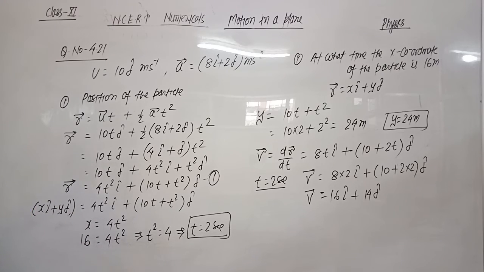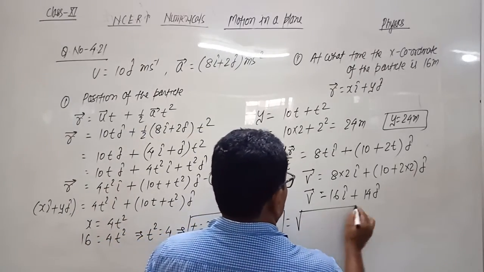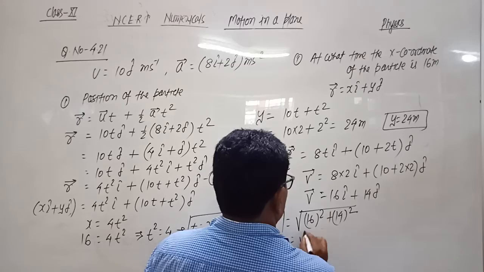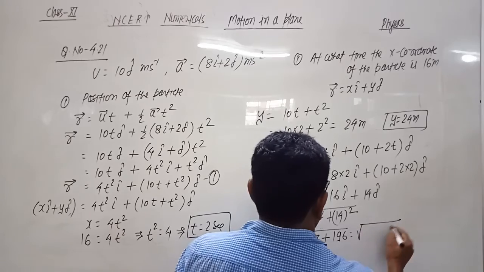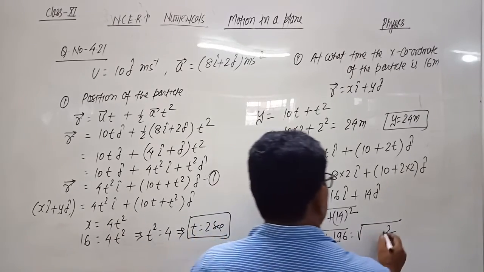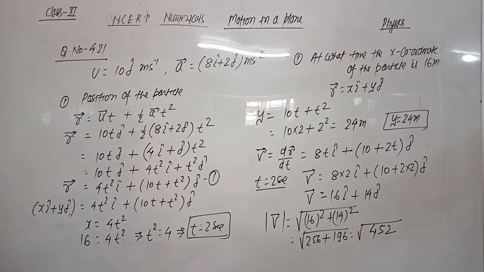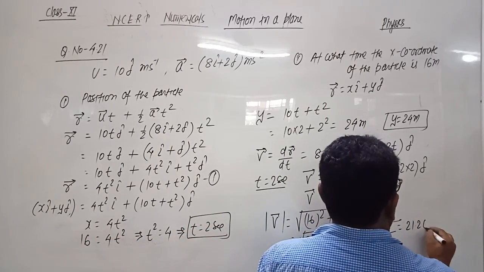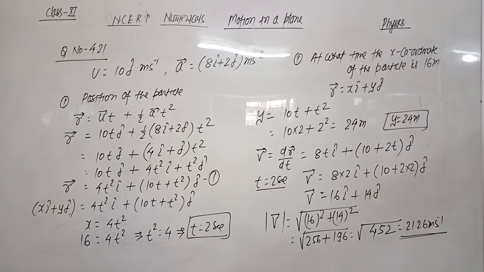For its magnitude, the magnitude of velocity vector v equals the square root of 16 square plus 14 square. 16 square is 256 and 14 square is 196, so we get root 452, which is 21.26 meters per second. This is the speed of the particle at time t equals 2 seconds.